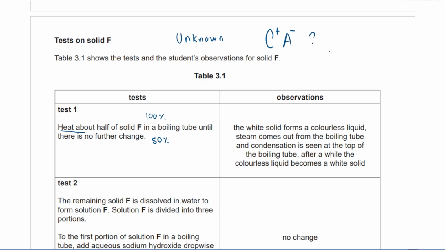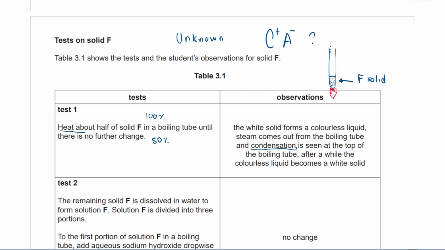So what you're going to have here is, imagine a boiling tube that has this, which is the unknown solid F. You're going to heat it up, and when you do that, steam is produced, and you are going to see that because it's going to condense. This steam is going to condense at the top of the boiling tube.